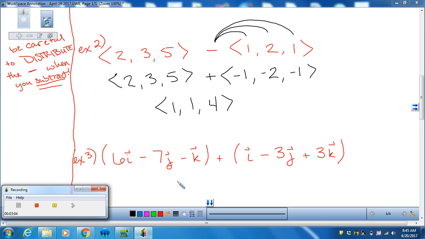So 6i plus 1i is going to give us 7i. -7j minus 3j is going to give us -10j. And then -k plus 3k is going to give us plus 2k. Once again, remembering to write those arrows over our i's, j's, and k's, we have the sum of those two vectors.